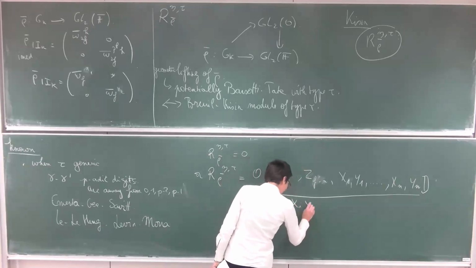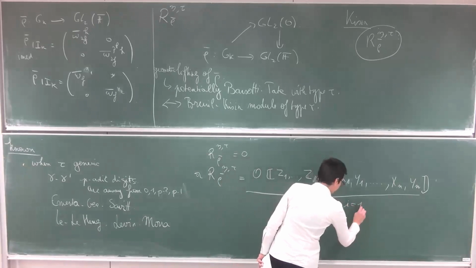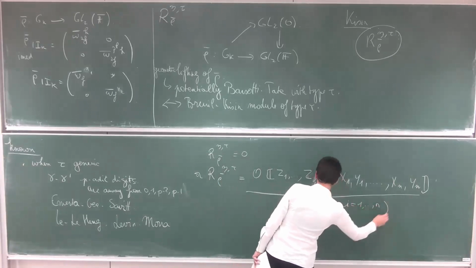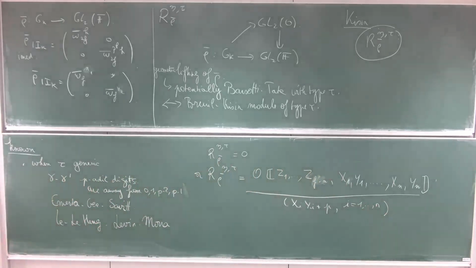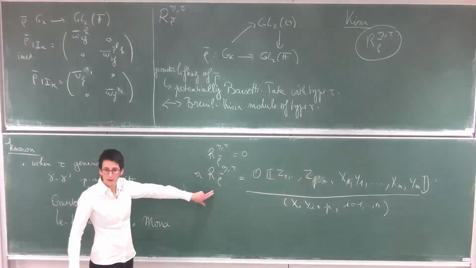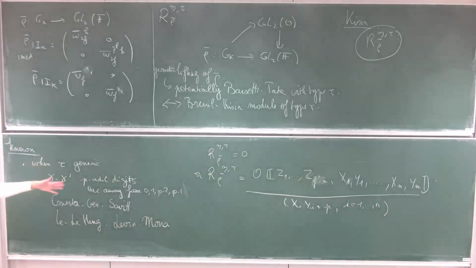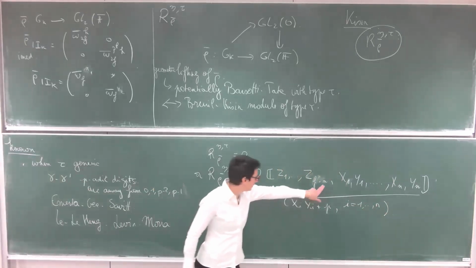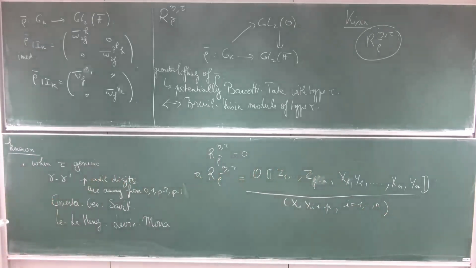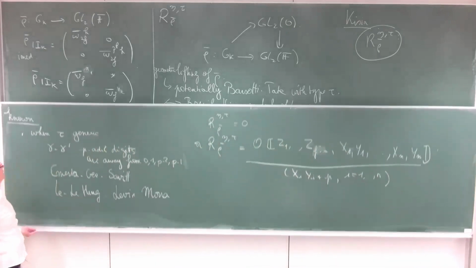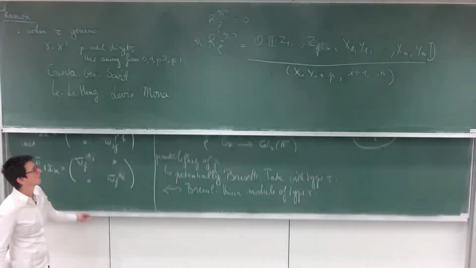And we have this relation. So what I say is that in the generic case, the ring is 0, or it has this form, and we know exactly when it is 0, and we know exactly how many variables we have. Okay, so the situation is nice.